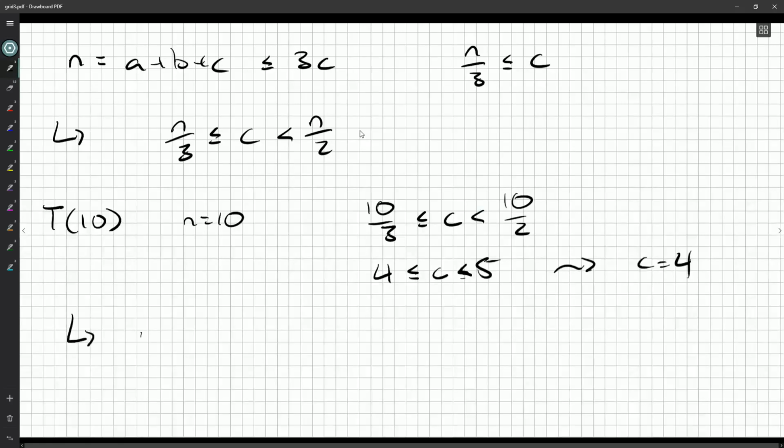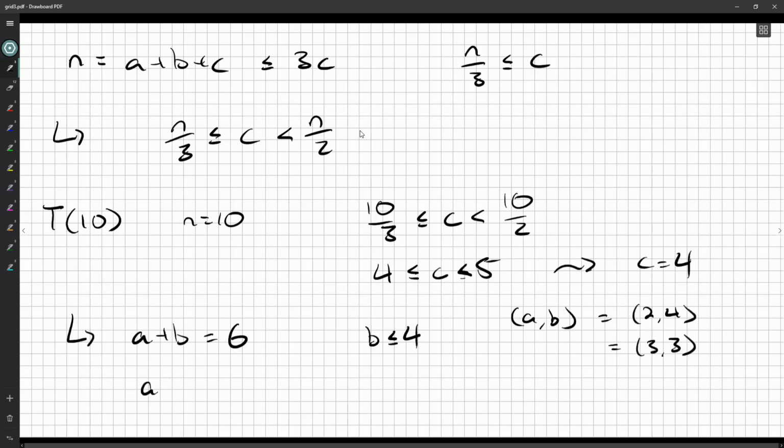So what does that tell me? A plus B has got to be equal to 6. B has to be less than or equal to 4. So I guess we could have A, B is 2 and 4, or it could be 3 and 3.